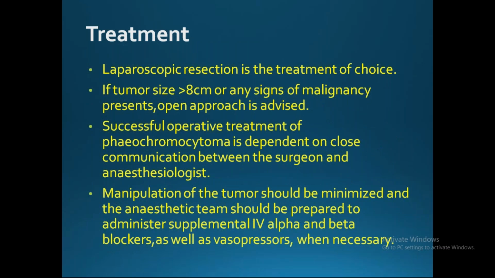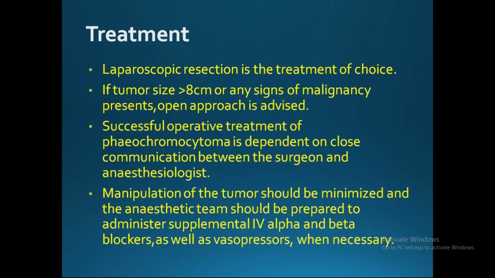Then going to the surgery. First you have to decide whether it's benign or malignant, because 10% are malignant. If it is malignant, you should go for radical surgery. If it is benign, you can just go for an adrenalectomy. Usually, laparoscopic resection is the treatment of choice.